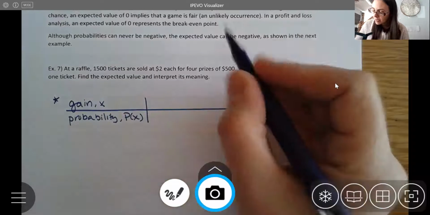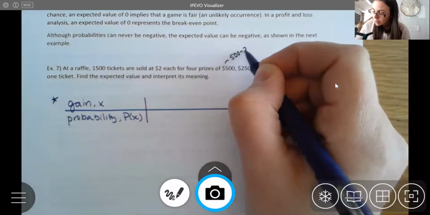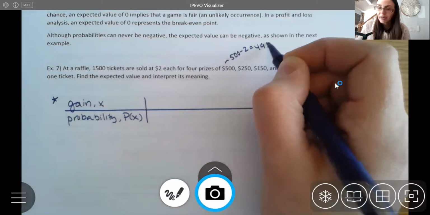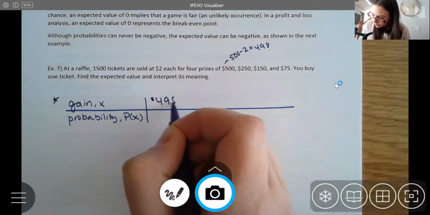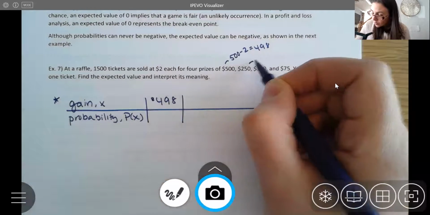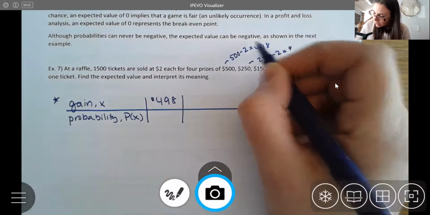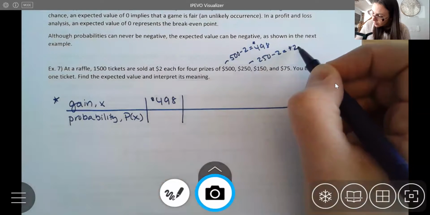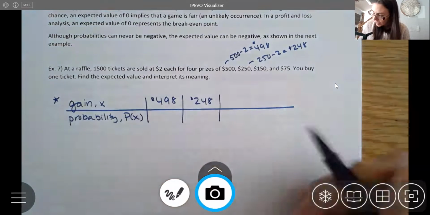So the first thing that can happen is you could win the 500. But remember, you already spent $2 on a ticket, so you're actually bringing home $498 instead. You could win the 250, and again, you spent $2 on a ticket, so you would actually bring home $248 in profit or gains.